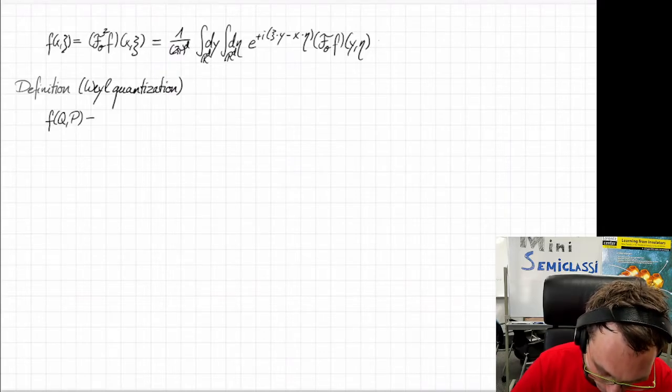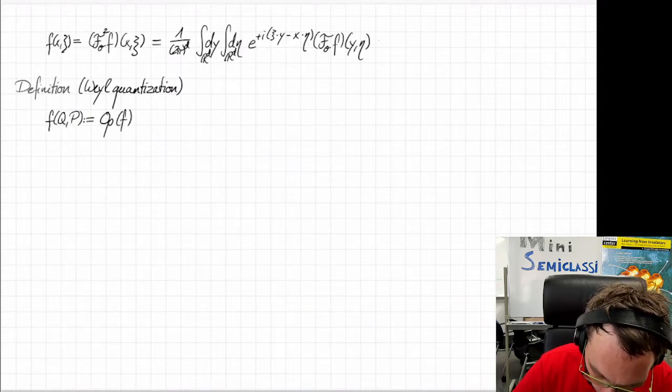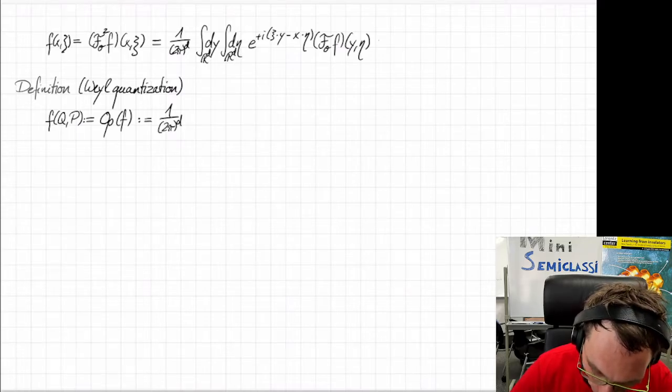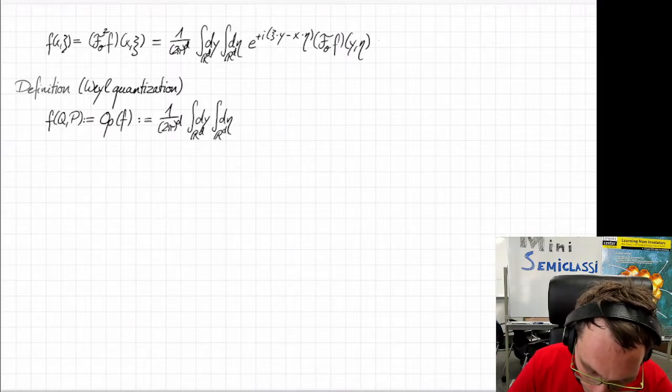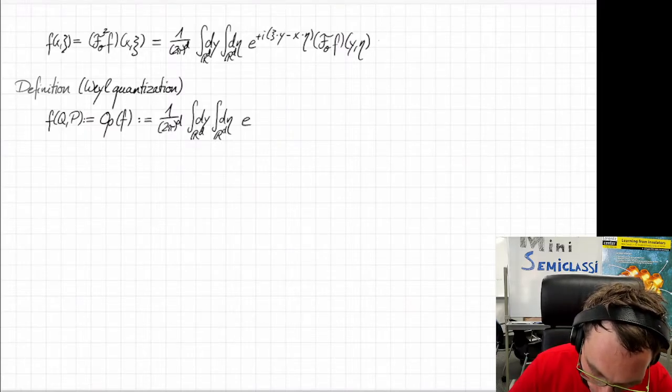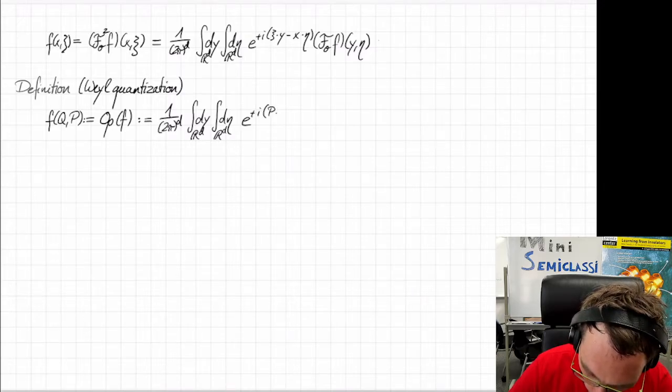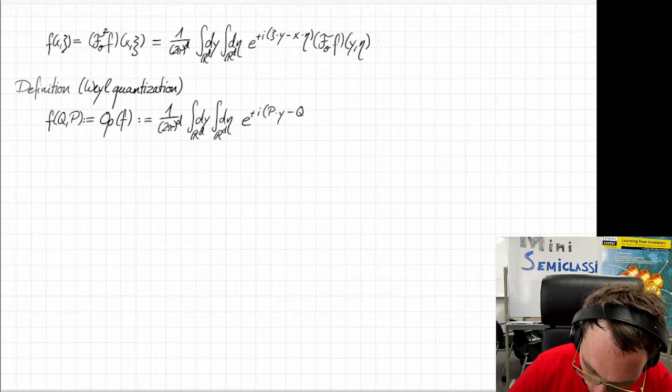And this is, by definition, the Weyl quantization of f, which is defined as, well, it's the same as the equation above. And the only difference is that in this exponential, quote-unquote, phase factor, I replace xi by p and x by q.